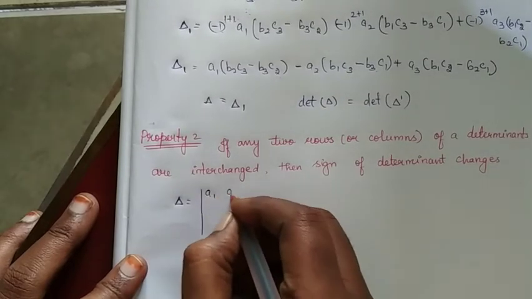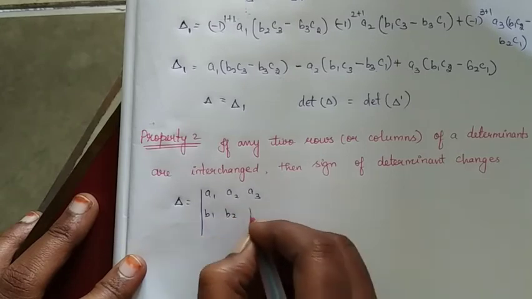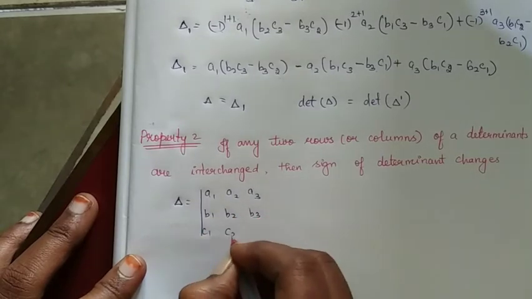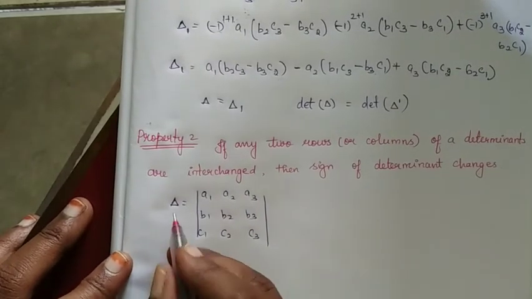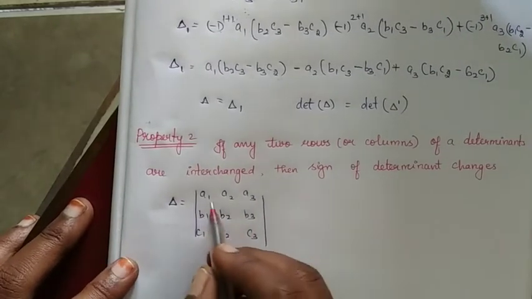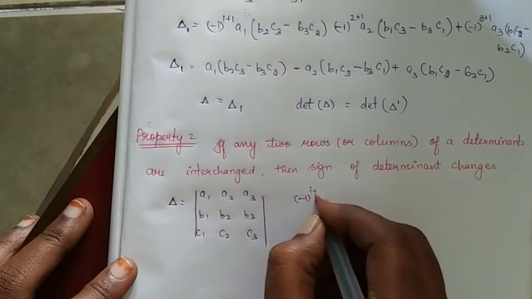Now, determinant A1, A2, A3, B1, B2, B3, C1, C2, C3. This is the determinant. To find the value of this determinant, each and every time we will be including (-1)^(i+j).